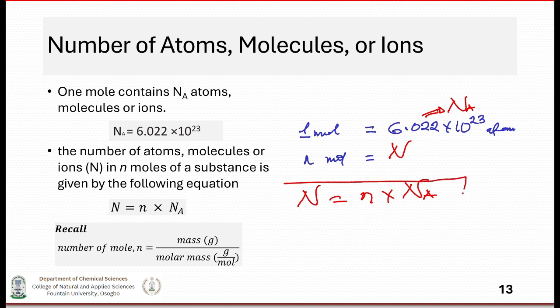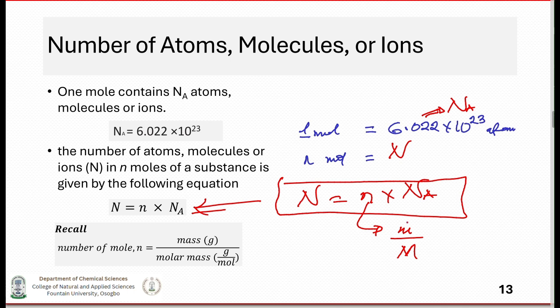So that is how we got this formula down here. And remember, if we want to calculate moles, the number of moles equals mass over molar mass. So you have everything you need to calculate the number of atoms or molecules or ions in a substance. So let's go ahead and use this in calculation.